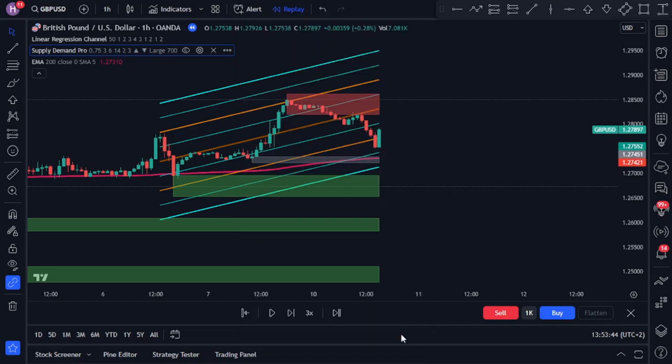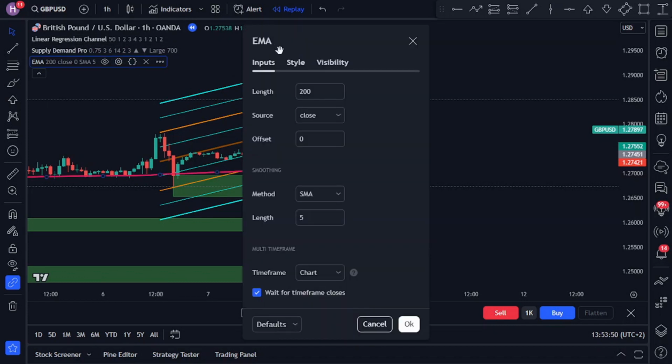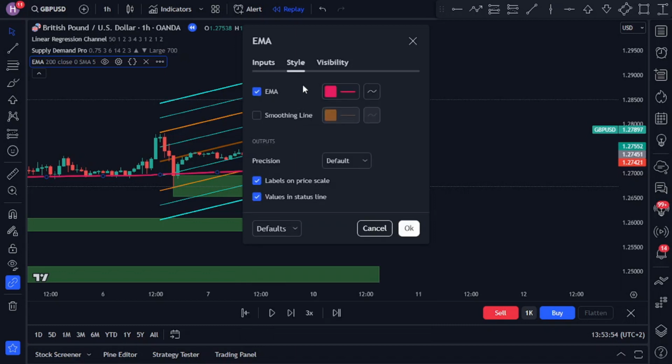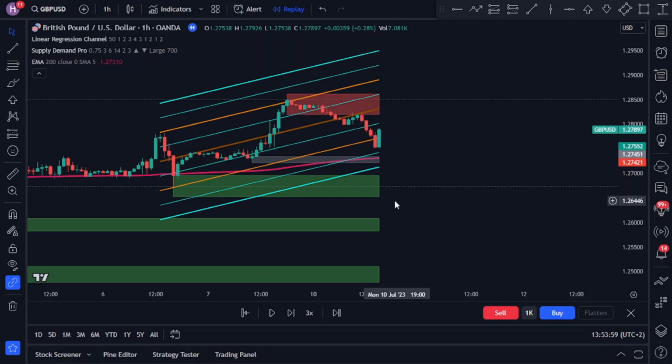Additionally, under the settings for the indicator, I am going to unselect the following options to clean up our charts. Now, the second indicator is an exponential moving average with its length changed to 200, and I also changed the style and color to make it more visible.